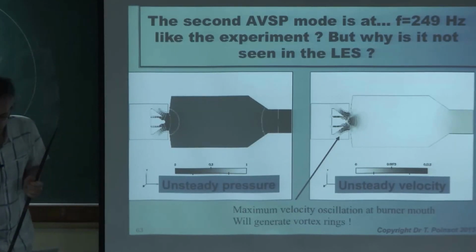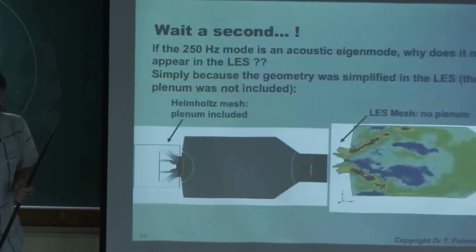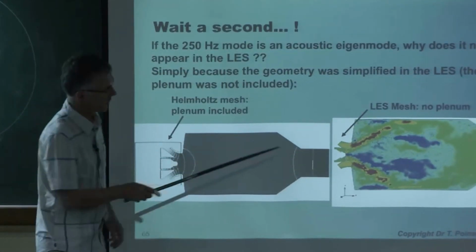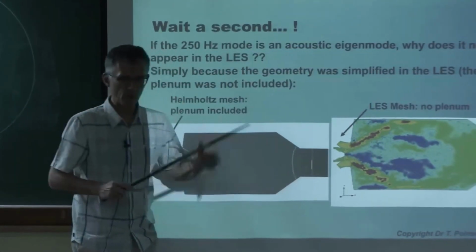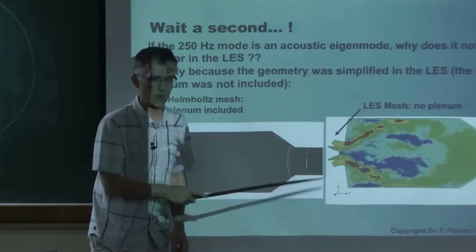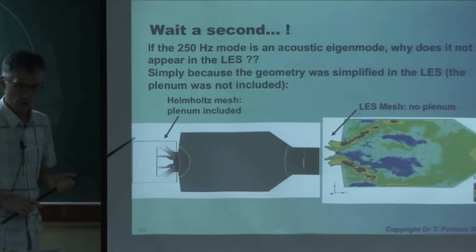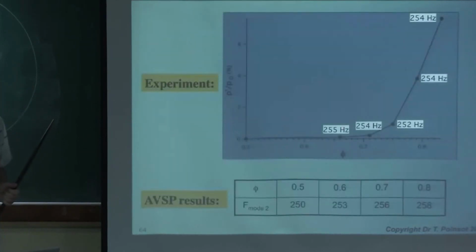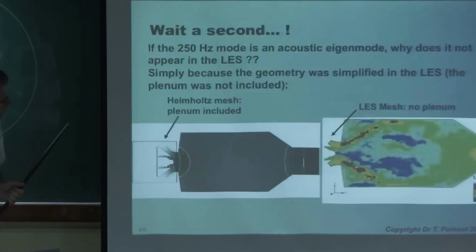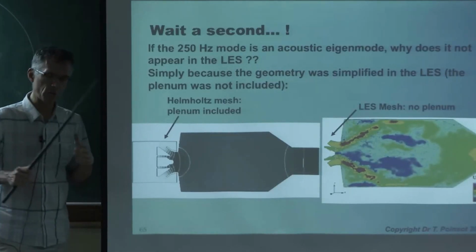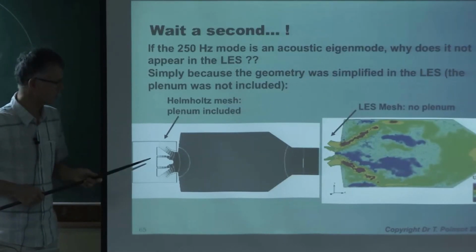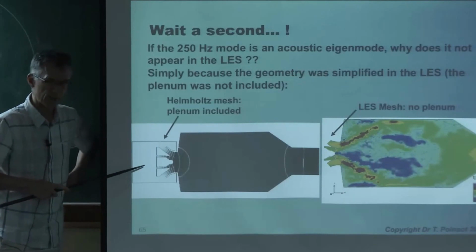And the plenum is exactly what we removed when we did the LES. This is the LES mesh. To save some time, we just removed the plenum. So it's not surprising that the LES did not capture the mode. You need the full system if you want to do that. So again, it's the kind of mistake you don't make, but now we know you shouldn't do that. If you want to save money, it's not the right place to do it.